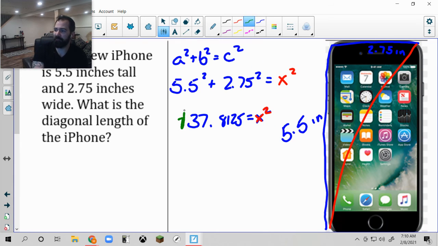And then, like every one of these problems, we take the square root of both sides. And we're going to say x is approximately 6.1 inches. Not a perfect square. If I didn't approximate, my answer would be right here.